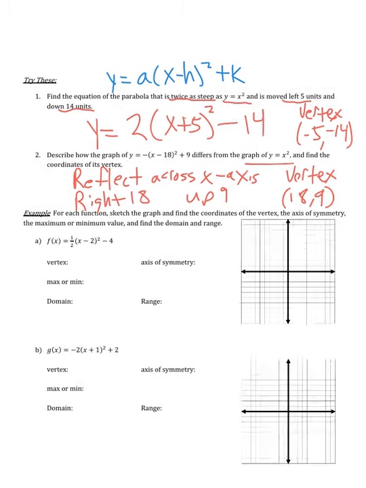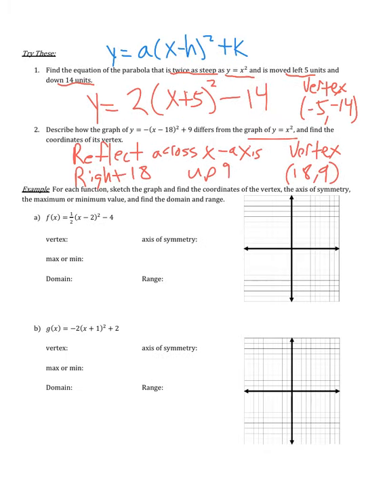All right, so let's use that to get some graphs here. So if we want to graph this, what we need to do is, 1, find the vertex. And the vertex is h, k. Now remember, in our standard or vertex form, y equals a times the x minus h squared plus k. So what number's in the h spot? 2 is.